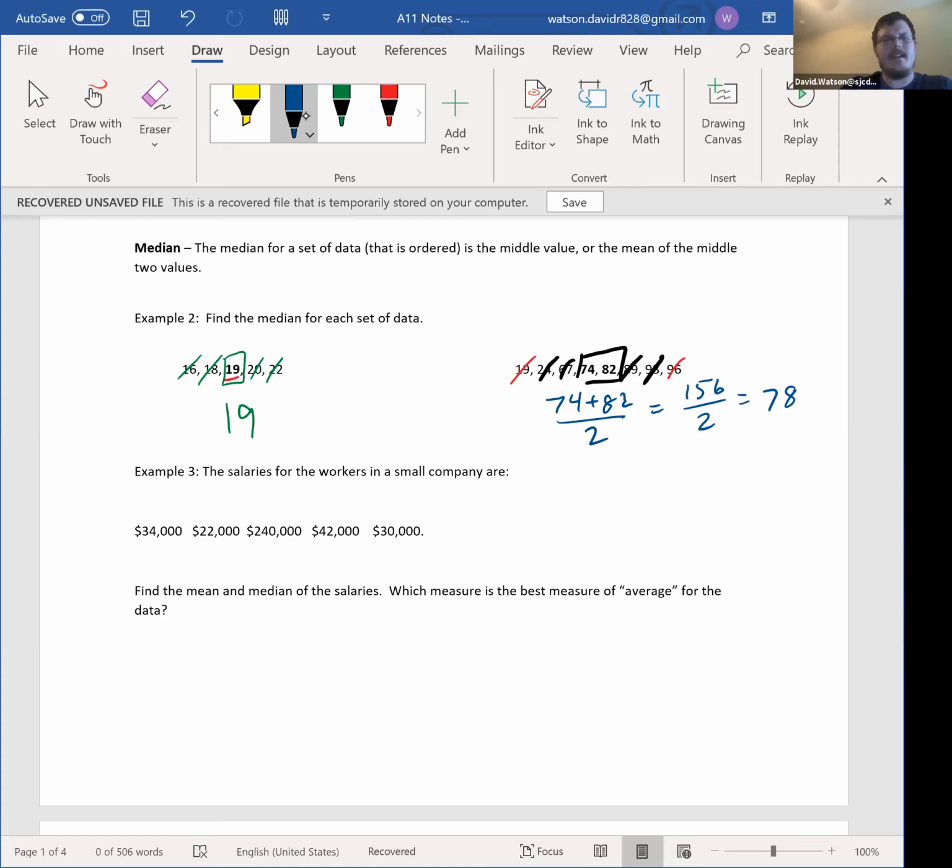Another example. The salaries for the workers in a small company are these numbers here. We're going to find the mean and median of these salaries, and we're going to ask ourselves which measure is the best measure of average for the data. First thing we're going to do is the mean.